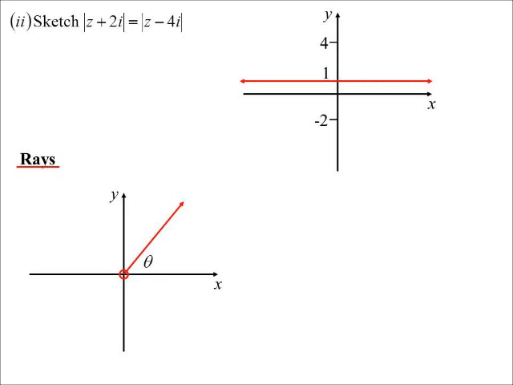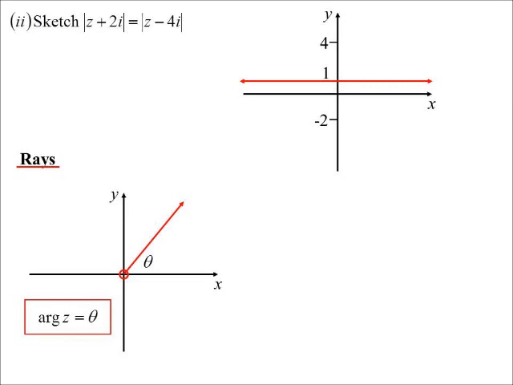Rays, though, are another matter. Here we go. There is a line. It goes off in a certain direction, has a definite starting point. I've sort of given it away by drawing the theta in, I think. But what does every point have in common on that particular ray? Yeah, it's argument. It doesn't matter which point we do, the angle it's going to make.